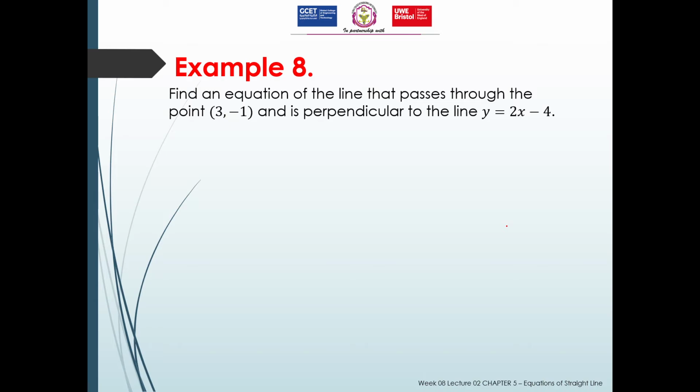So we have the point 3, -1 and we have the line y equals 2x minus 4. For the first line, y equals 2x minus 4, as this is in standard form, this gives us our m equals 2. This is the gradient of your first line.